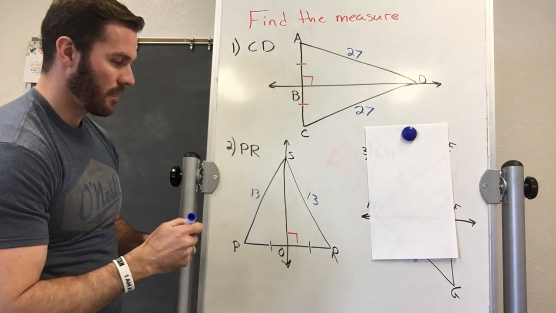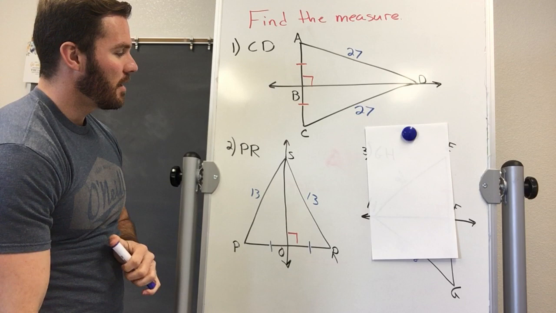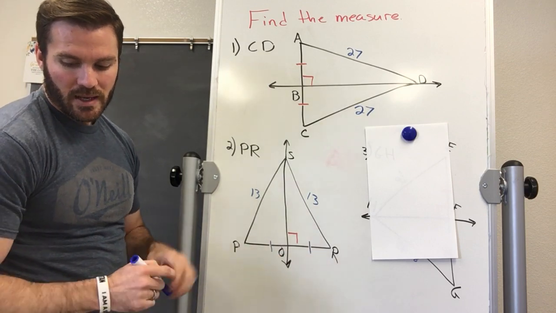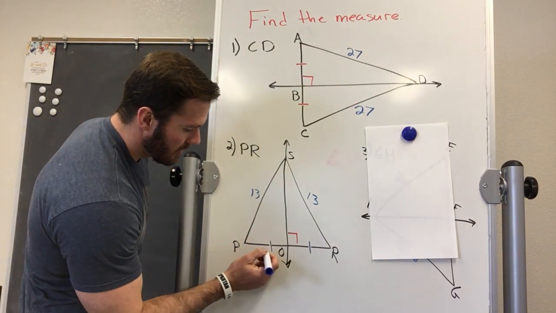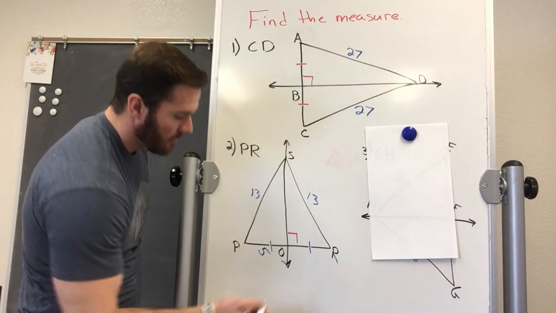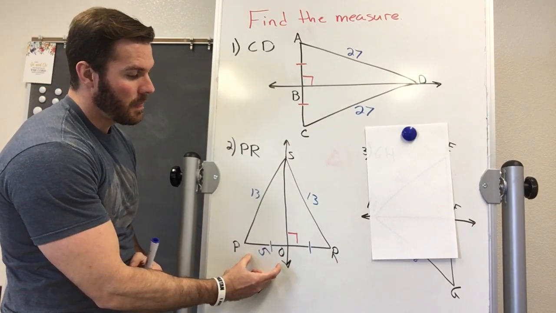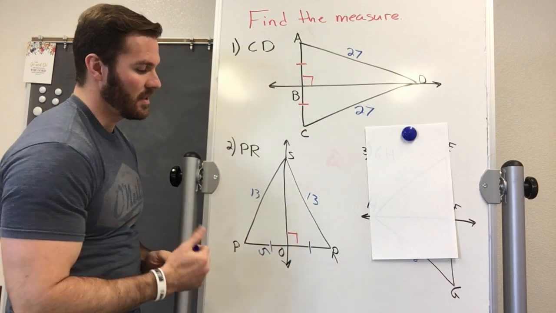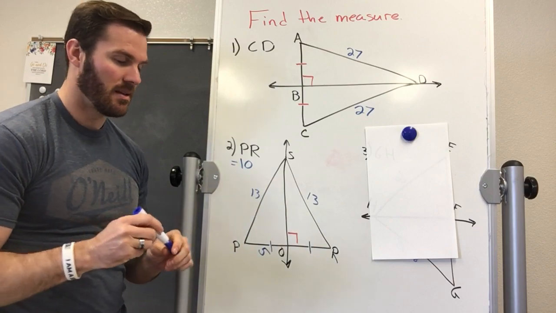Like that. Okay? And they want you to find PR. And PR is going to be the length. Oh, I'm sorry. I forgot to write this in here. PQ is the length 5. And if this is 5, then this is also 5. And 5 plus 5 is 10. So PR is going to equal 10.